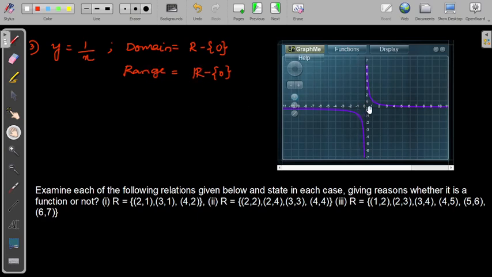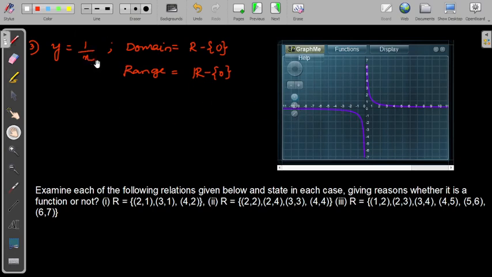Look at the graph. For 0, this particular number, there is no point, because it is going towards infinity. If x is close to 0, then the graph goes towards infinity. So if it is 1, like this, see, these are the possible values. For negative values, it will be here in this case. When x is equal to minus 1, y is minus 1.